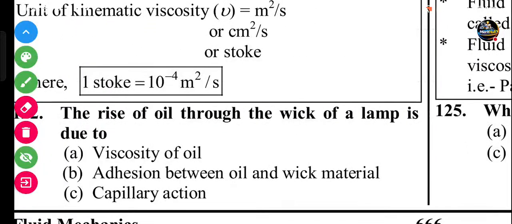Next question: the rise of the oil through the wick of a lamp is due to viscosity of the fluid, adhesion between the oil and the wick, capillary action. This is capillary action.